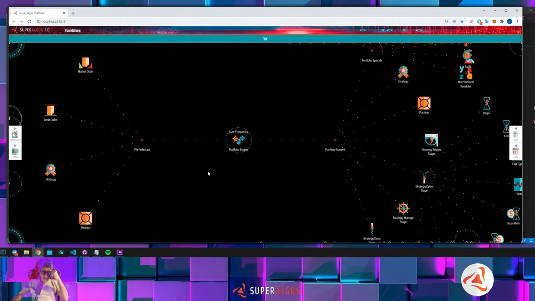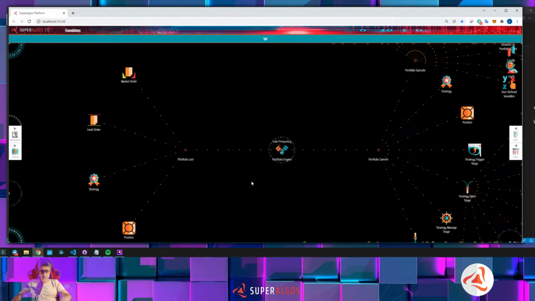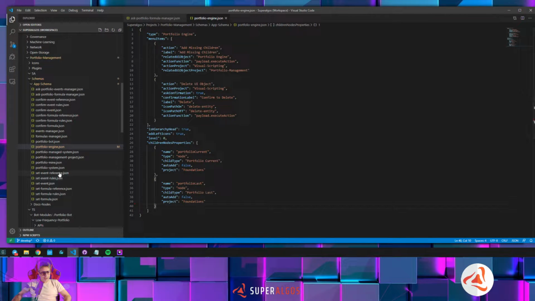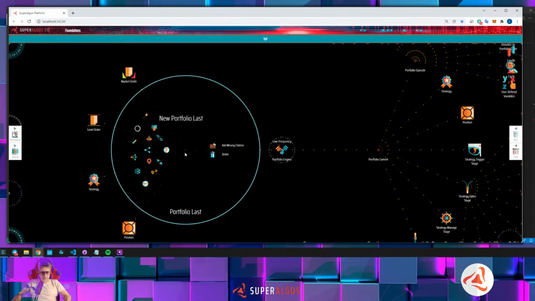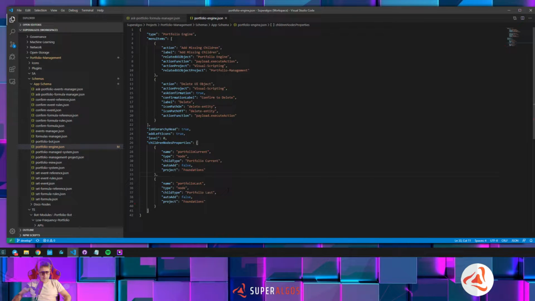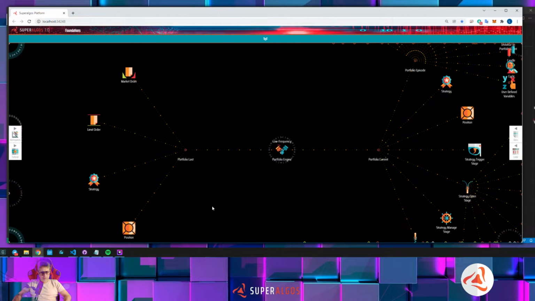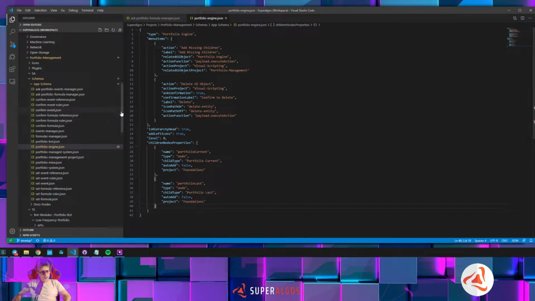Portfolio last. This might be something that is here. It's not here, but it should be. Let's check this node out.